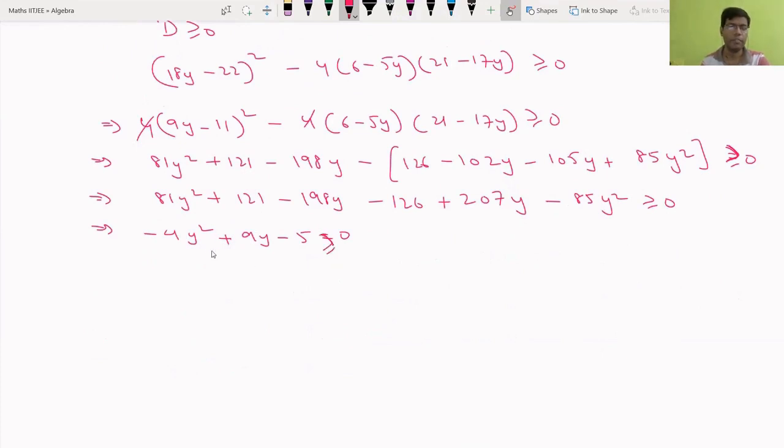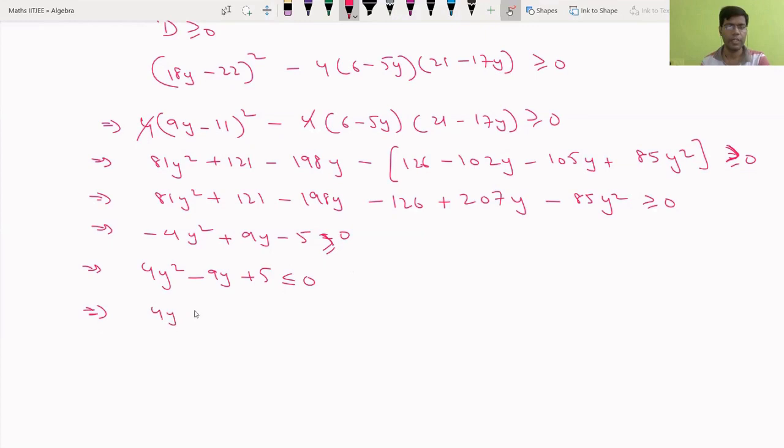So let me multiply with minus 1 on both sides. This will be 4y square minus 9y plus 5 less than or equal to 0, because whenever we multiply with minus 1 on both sides, for an inequality the sign gets reversed.